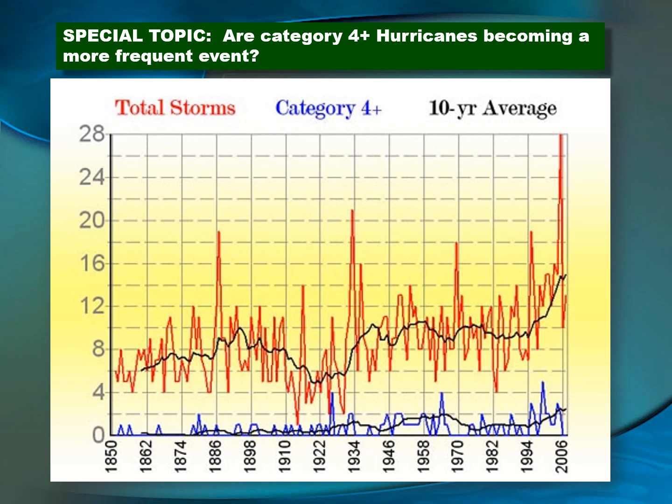All right, so yet again, let's choose 1922 and just say that's the middle of our data. So from 1850 to 1922, compare the number of category 4 storms, or the number of storms in general, to what you see on the right side, which is from 1922 to 2006. Okay, so it does appear that our storms are happening, and this is old data.